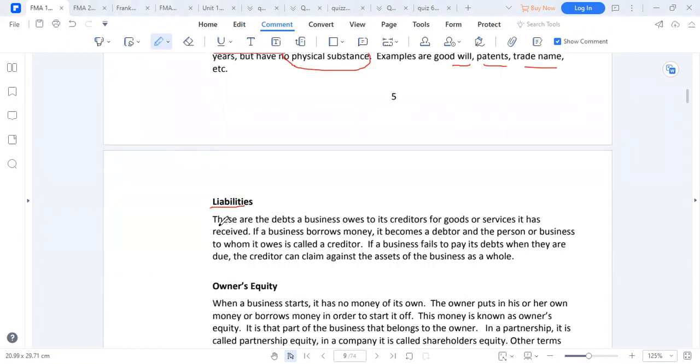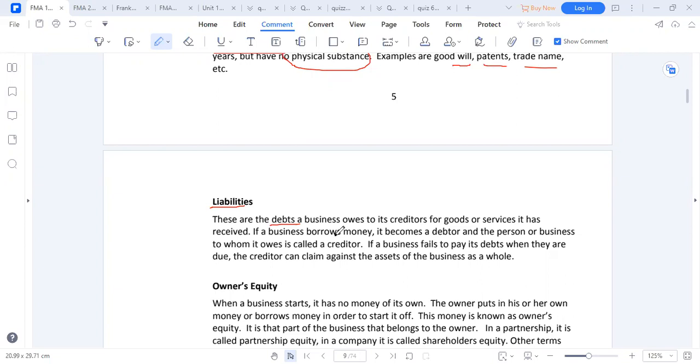All right. So liabilities are simply debts that a business owes its creditors. A person that we owe is called a creditor. The person that owes us is called a debtor. So liabilities are simply the debts that a business owes for goods and services.